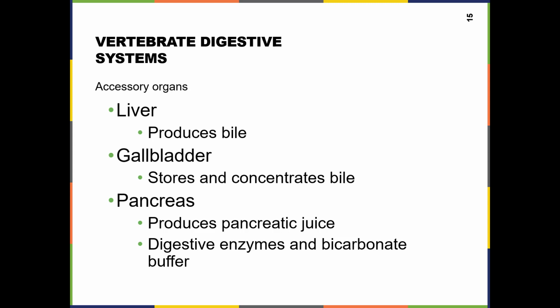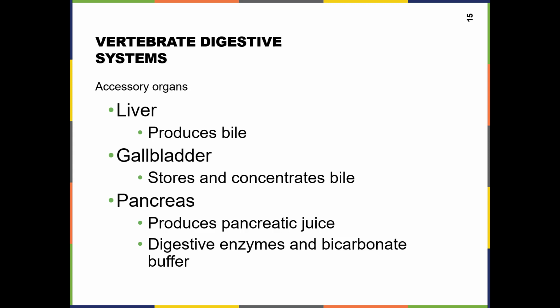Then you have the accessory organs. So what was on the last slide were the organs of the alimentary canal, but now the accessory organs are the organs that produce additional fluids and enzymes and secretions. And really, I should have listed salivary glands. I don't know why I left that one off. So salivary glands produce saliva.